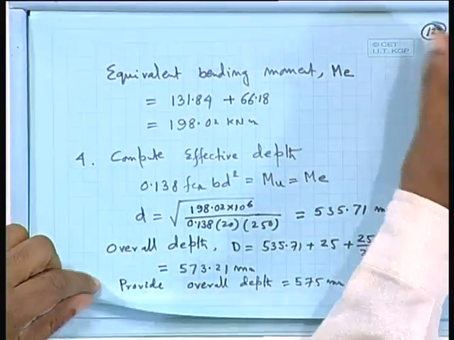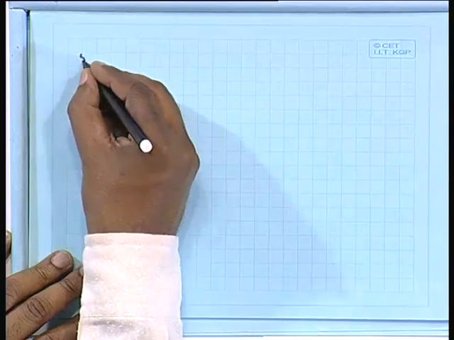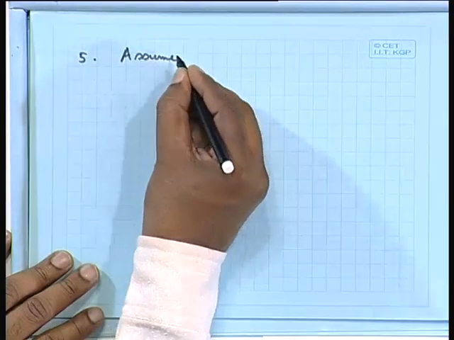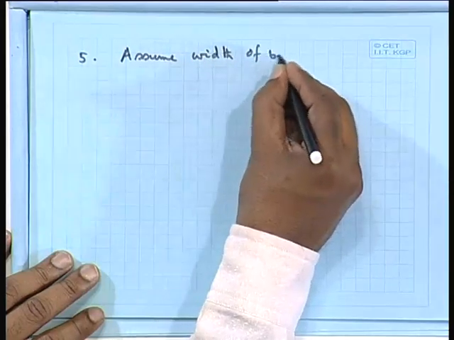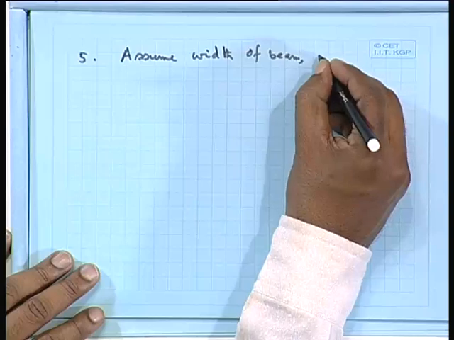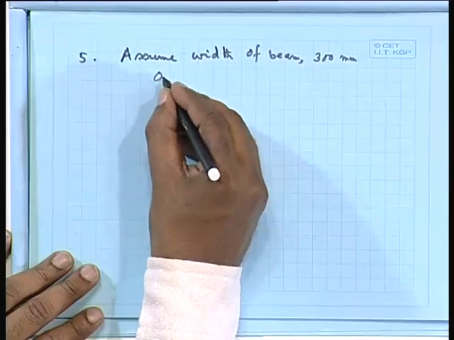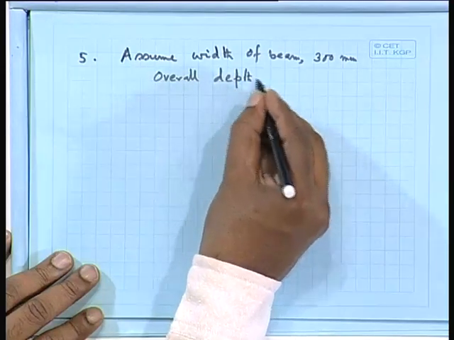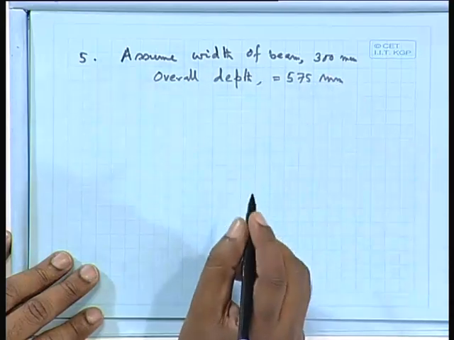this way: we shall change the width. Okay. So let us change the width. Assume width of beam say 300 millimeter, overall depth 575 millimeter.